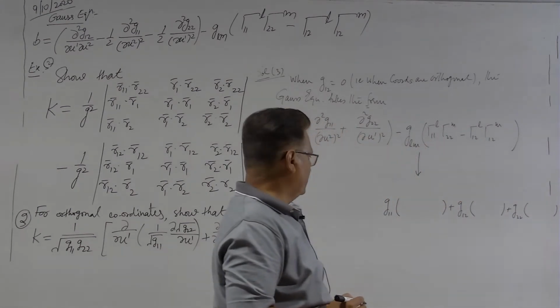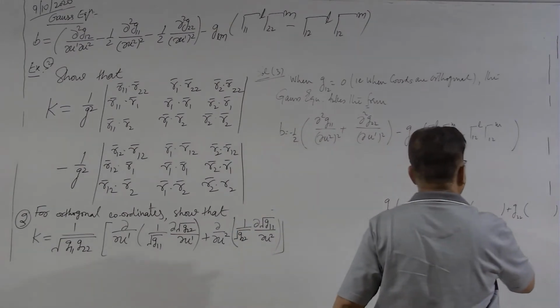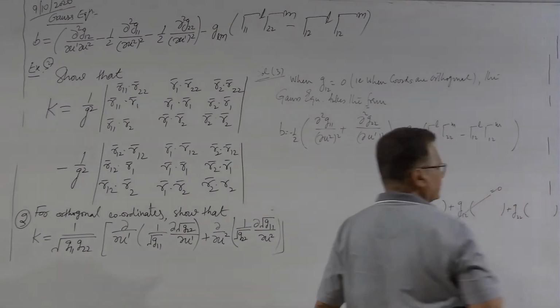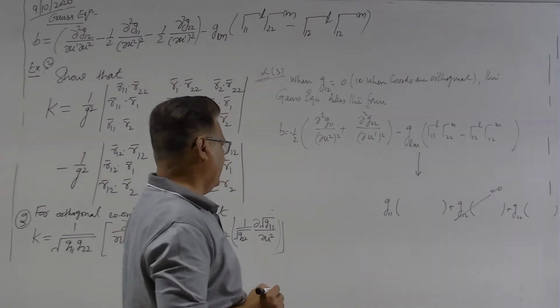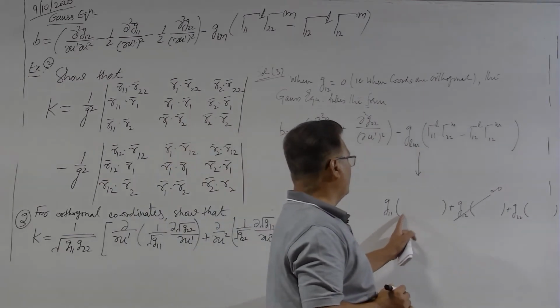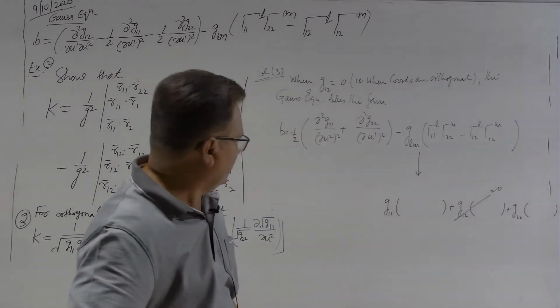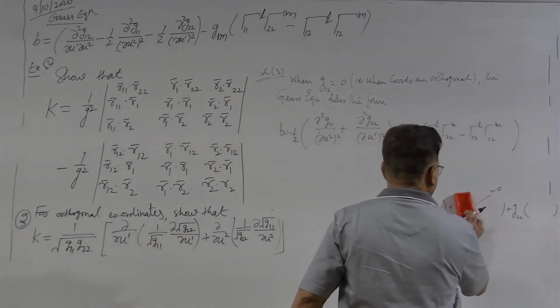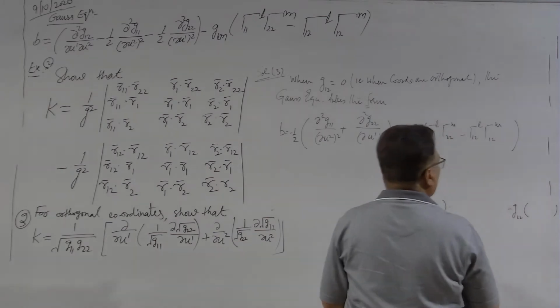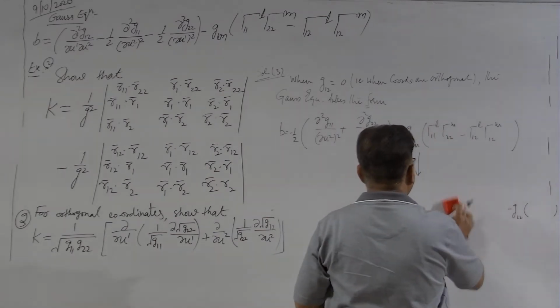But G12 and G21 both will be 0. So, this bracket will not contribute anything. You have to see only G11 into this bracket, G22 into this bracket. Okay, so this can be rubbed off, and let us see what will be in this bracket.